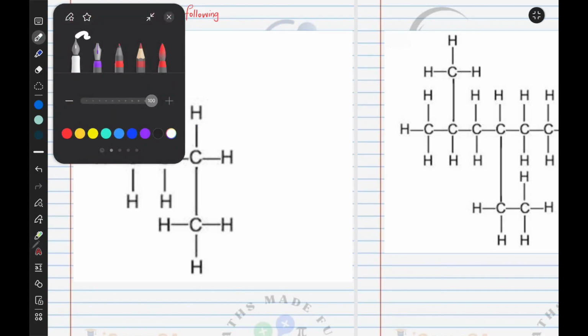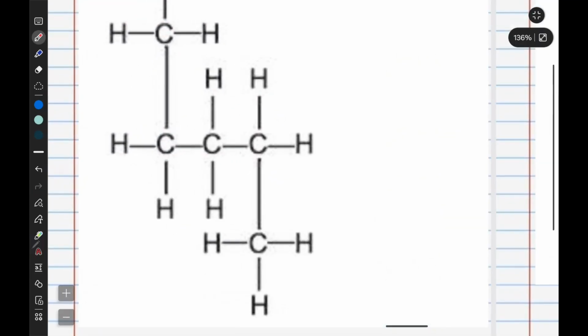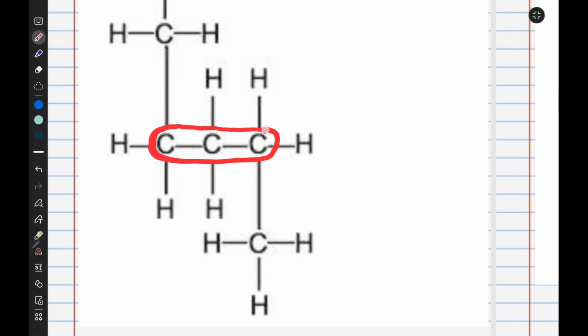In this case, some will be tempted to say, okay, that's my chain, right? And then therefore, this is my branch 1 and that's my branch 2. So that's technically not true, right? So it's not correct.